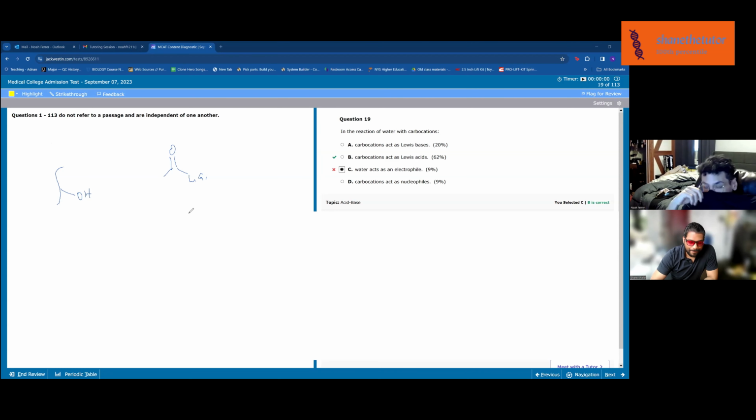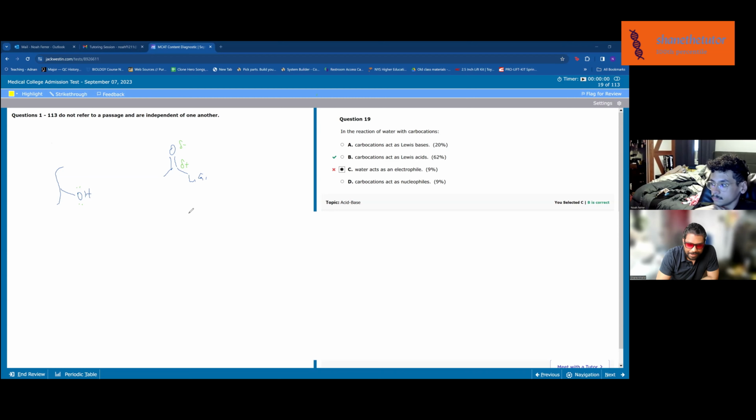And an electrophile will be something that has a lone pair donated to it. The most common electrophile you'll see will be a carbonyl group like this. So what happens is we have two lone pairs for the OH, right? And for the carbonyl here, we have a partial positive charge and a partial negative charge.